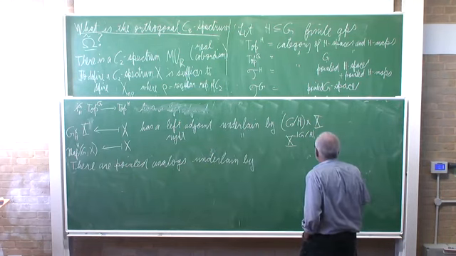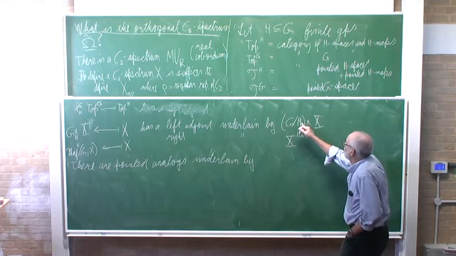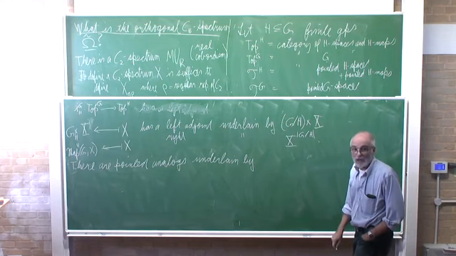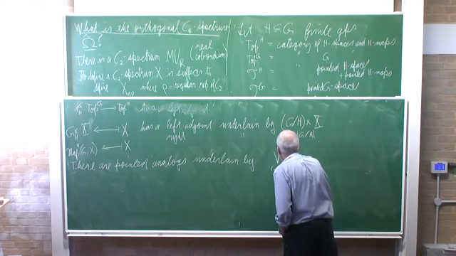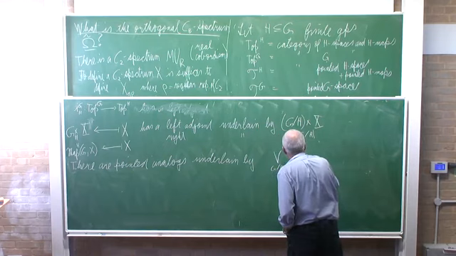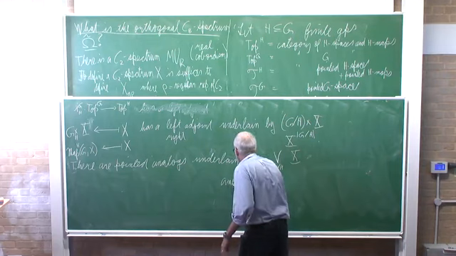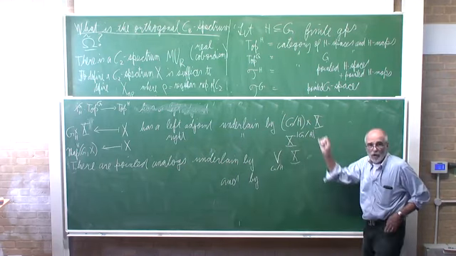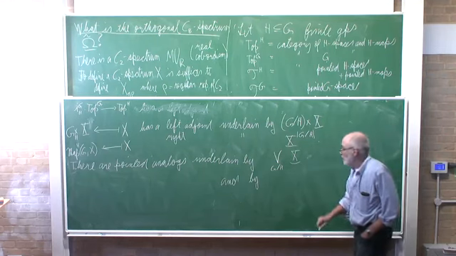Okay, so in the pointed analog of this, instead of a disjoint union of this many copies of X, you have a wedge of this many copies of X. And for the right adjoint, instead of a Cartesian product, you have a smash product.